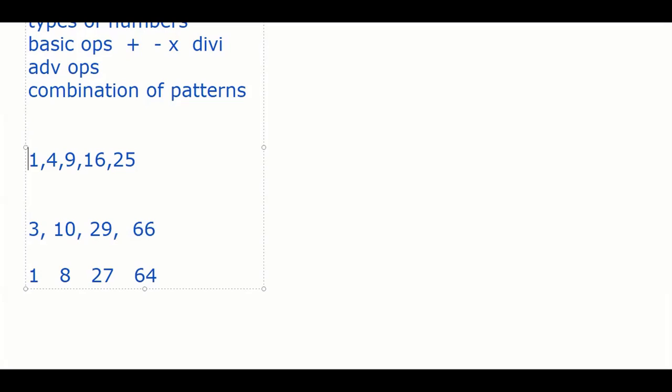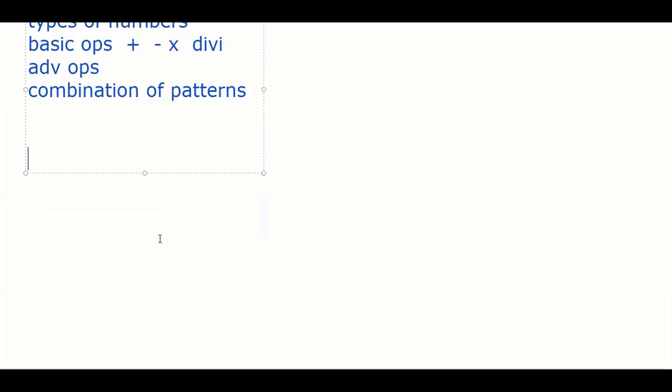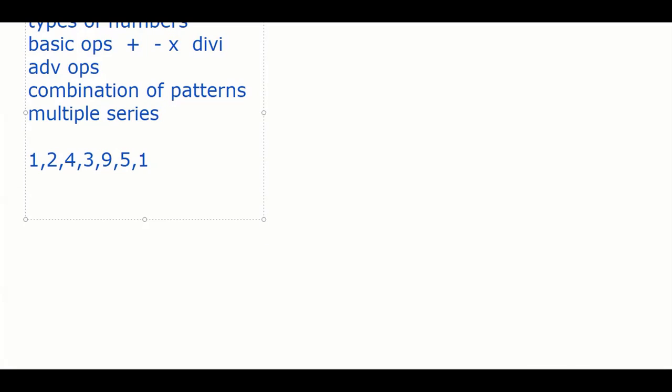Next, we talk about multiple series together. Multiple series means there are 2 or 3 series going in parallel. For example, if I write like this, say 1, 2, 4, 3, 9, 5, 16.